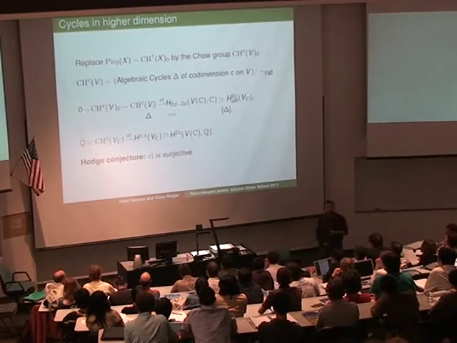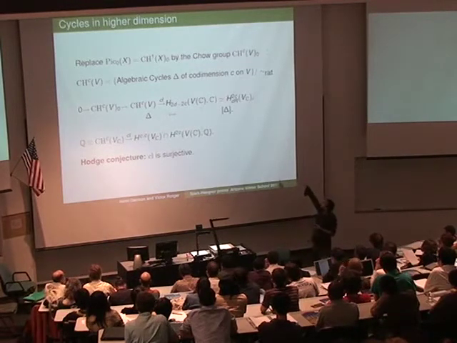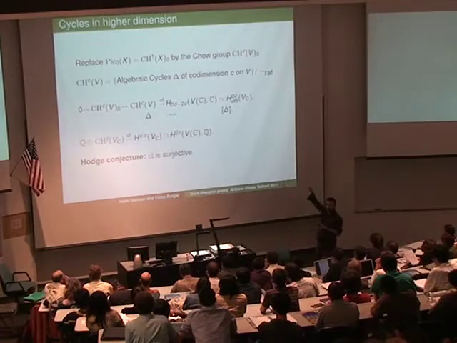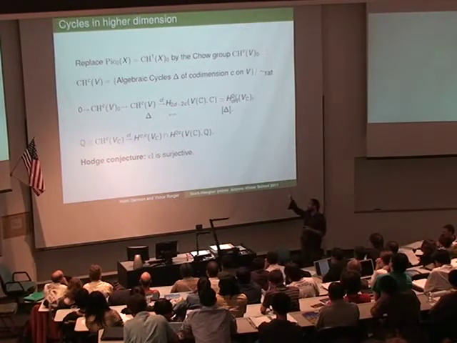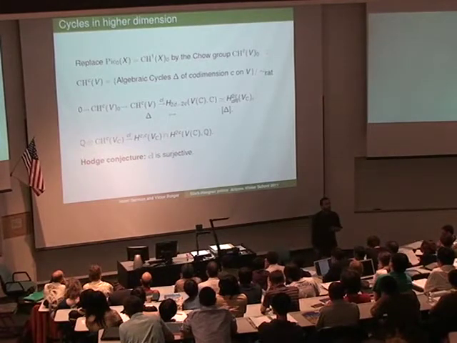So what is this? It is known that any element on the left always lands in this subspace of H to C. What is a conjecture is that any element on the right should arise from one on the left, but this is a conjecture, the Hodge conjecture.